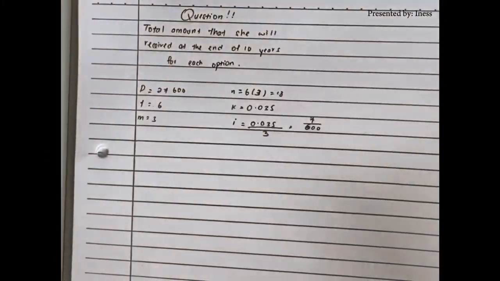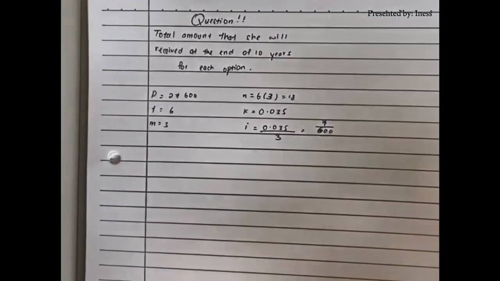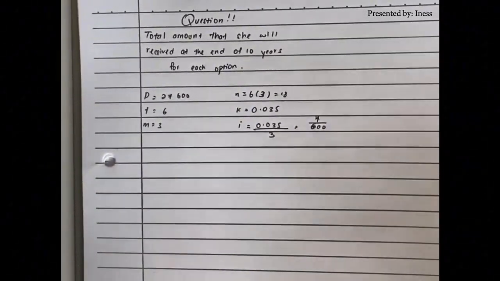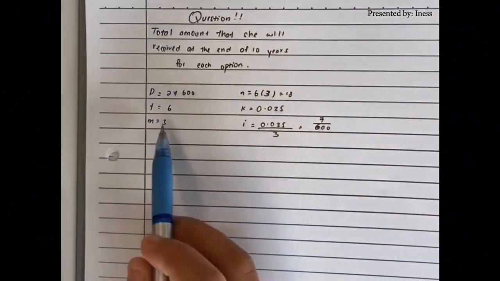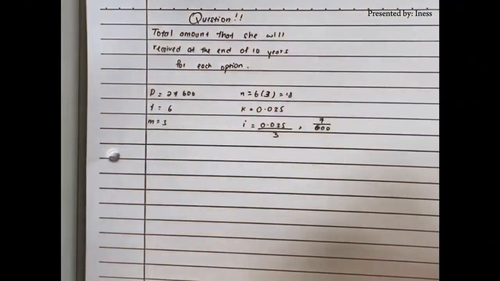So hello guys, I am Ingkas and today I'm going to explain to you about question 1B and 2C. Okay, so the first question, the question asks the total amount that she will receive at the end of 10 years for each option. So this is what we need to find.